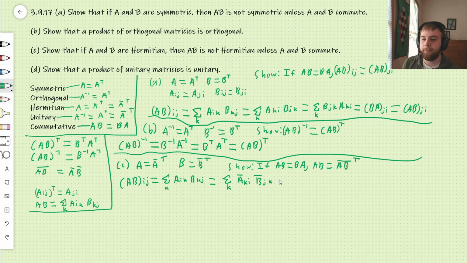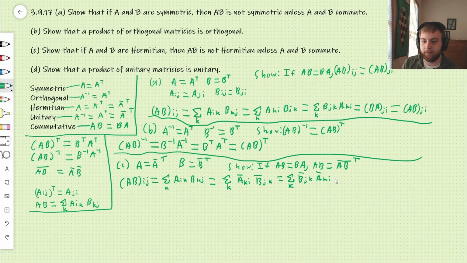Okay. So once again, we can rewrite that to put them in the other order, because we are just multiplying numbers together inside the sum here, and regular numbers do commute.